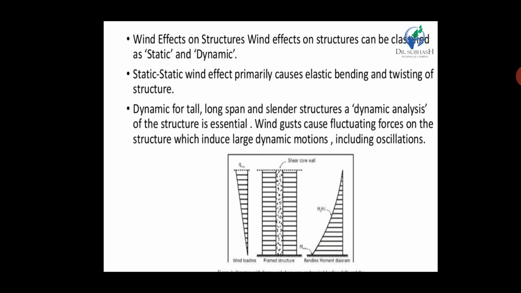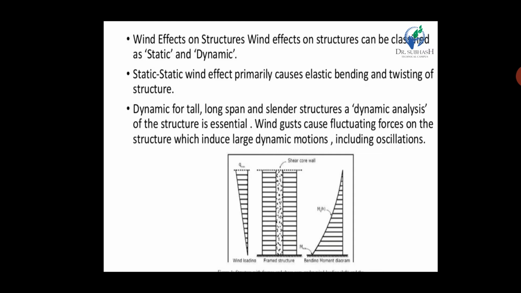For dynamic effects, in tall and long-span slender structures, a dynamic analysis of the structure is essential. The wind causes fluctuating force on the structure, which includes large dynamic motion including oscillation. So we know that the dynamic effect must be calculated, especially when the building is in an earthquake zone. Separate dynamic analysis should be done before we construct a high-rise building.